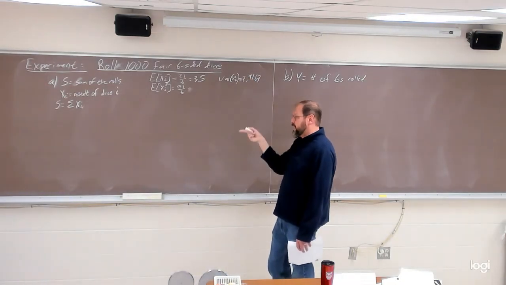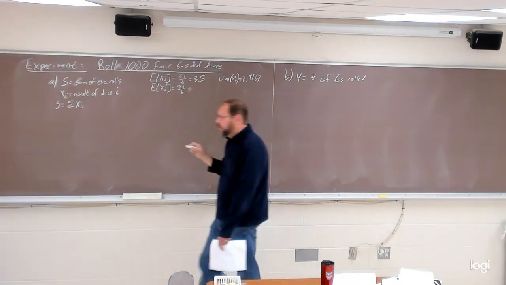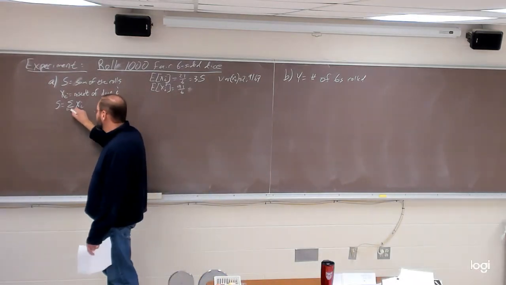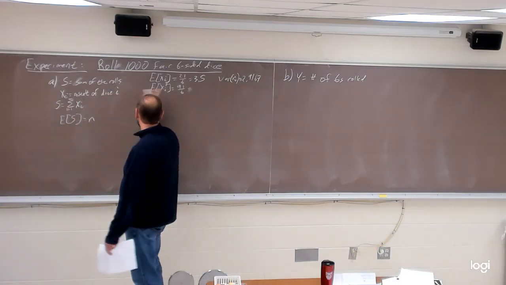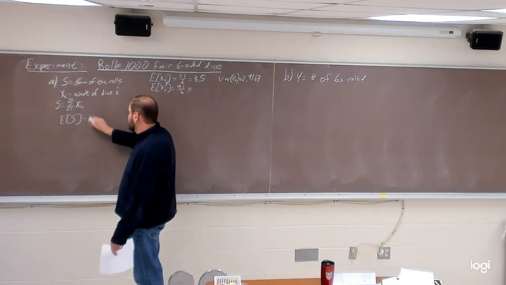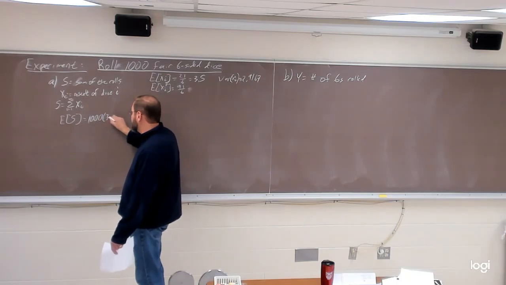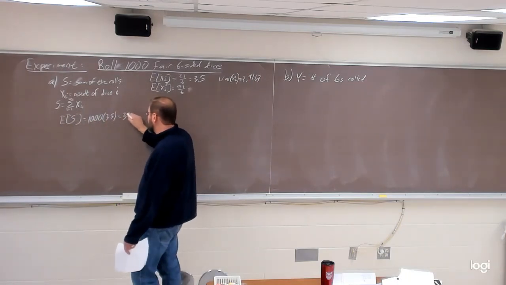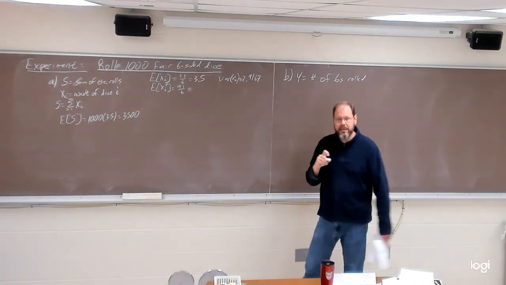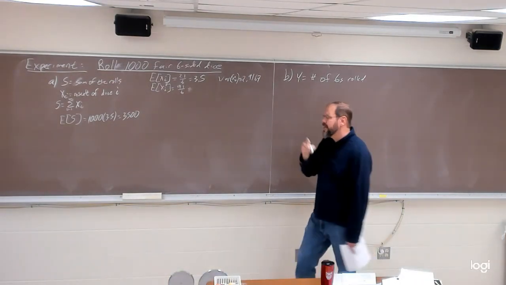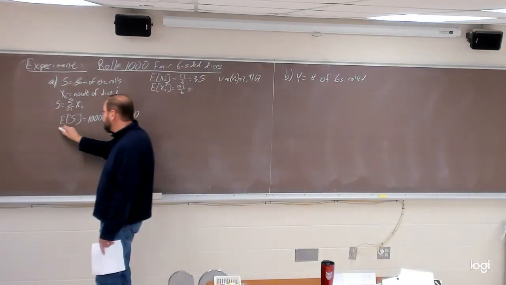When I look at the sum of those results, i equals 1 to 1,000, the expected value of the sum will be n times, in this case, 1,000 times 3.5, which is 3,500. And I can figure out the variance of S.